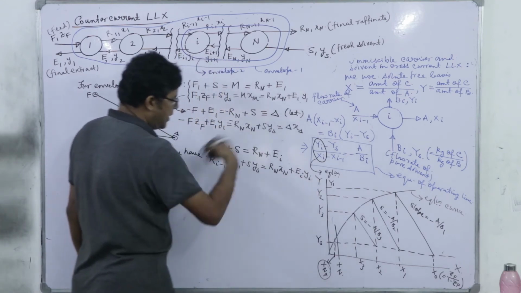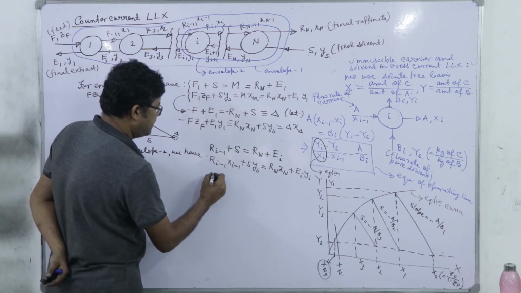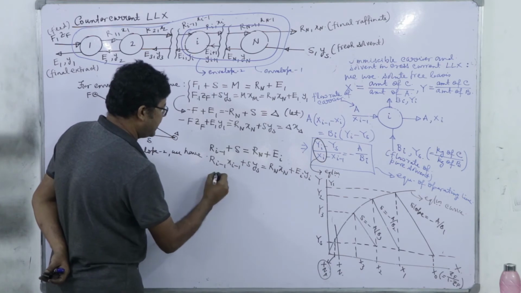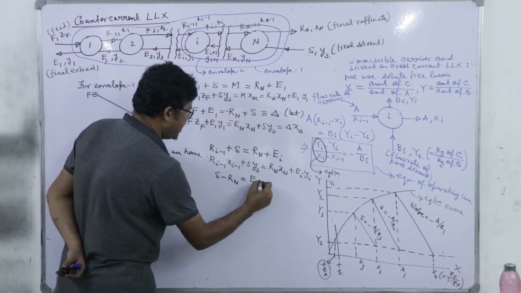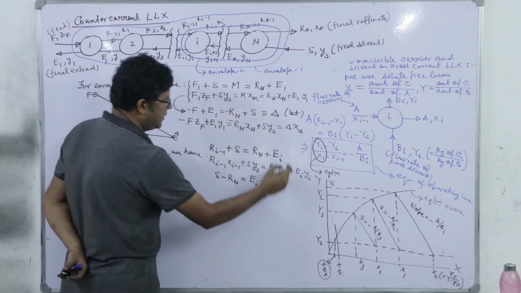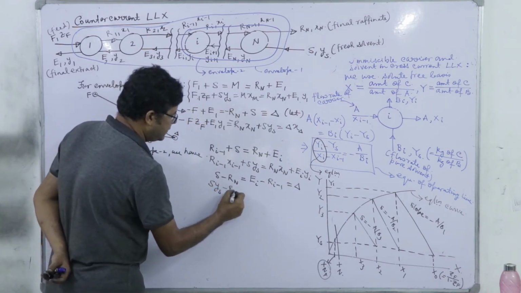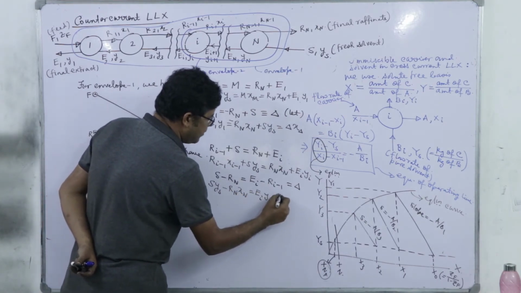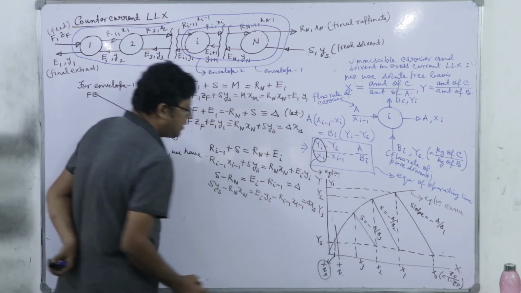And upon changing it, what will we get? We will get S minus Rn is equal to Ei minus Ri minus 1, and by definition S minus Rn is delta, right? And similarly S Ys minus Rn Xn is equal to Ei Yi minus Ri minus 1 Xi minus 1, and that will be delta into X delta.